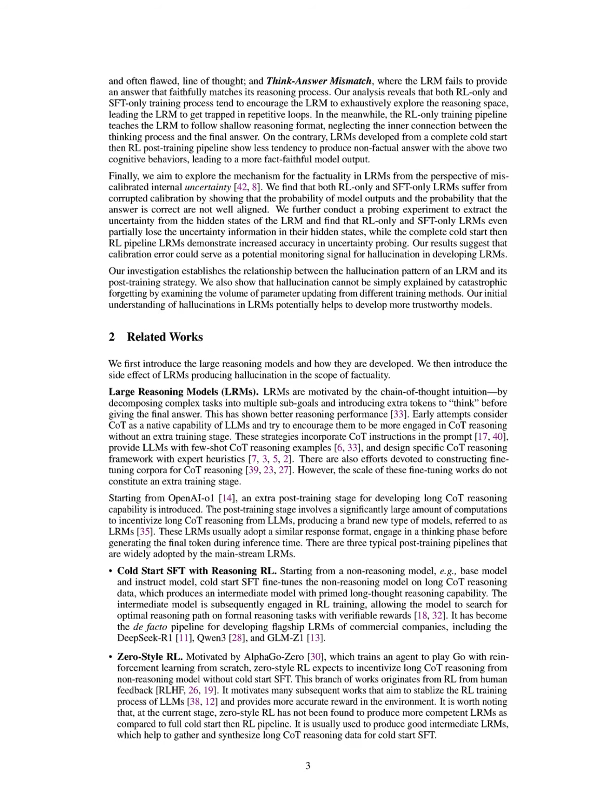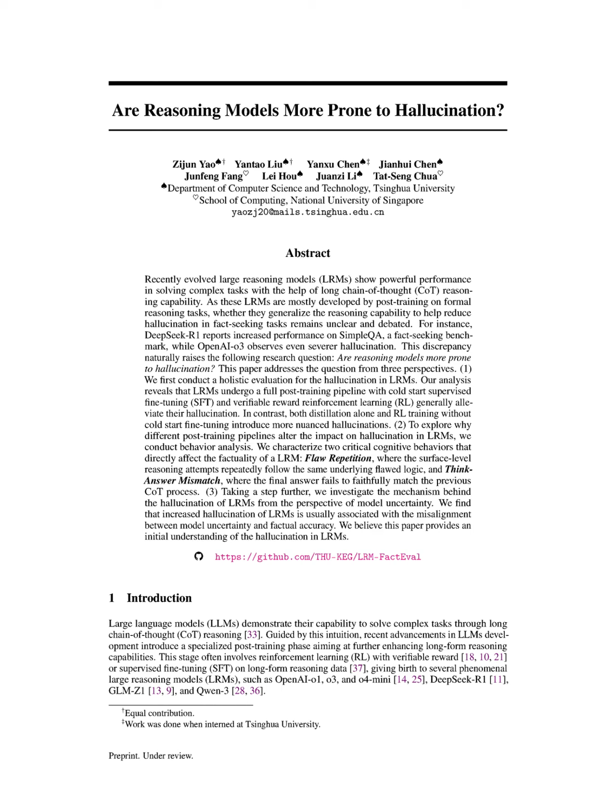We demonstrate that LRMs developed through a combined cold start supervised fine-tuning, SFT, and reinforcement learning, RL, pipeline exhibit improved factuality and reduced hallucination compared to those trained with RL-only or SFT-only methods. Specifically, our findings reveal that the SFT plus RL models benefit from enhanced reasoning capabilities, allowing them to better verbalize their knowledge and align their answers with their reasoning processes.